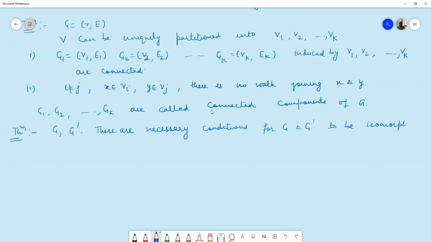So if two graphs are isomorphic, then firstly, if G is a graph, then so is G dash. Secondly, if G is connected, so is G dash.